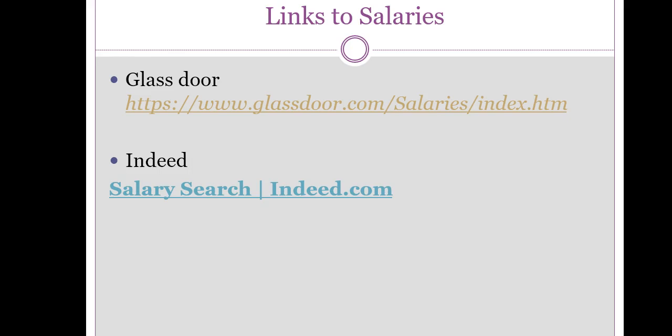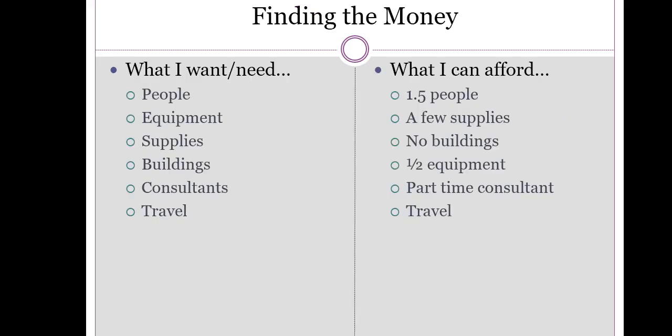If it's under 27 hours a week, you have the option to make them an employee or a consultant. So then you have to figure out, you might want 5 people, but you can only afford 1.5. So as we're building the budget, you're going to have to make hard decisions about how you're going to spend your money. And we'll look at that briefly when we look at the actual budget sheets.